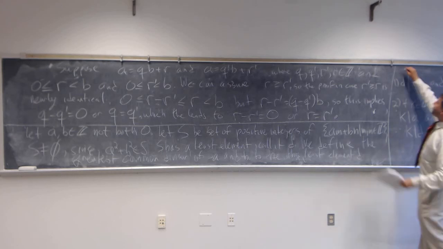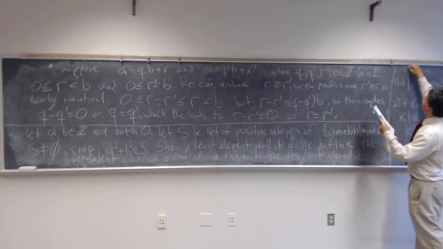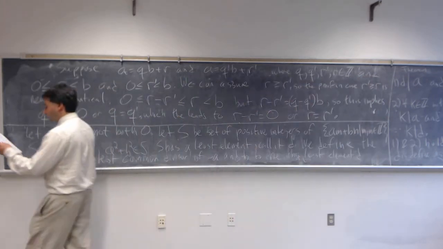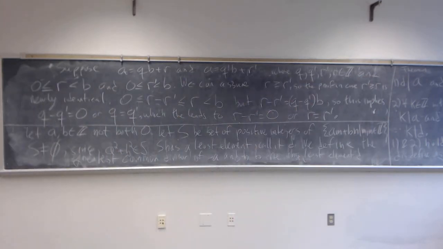And now this really becomes like a theorem, if you will, where 1 and 2 hold, where D is defined to be the least element in the set of positive integers of this set here. And so we're going to prove this using the division algorithm.